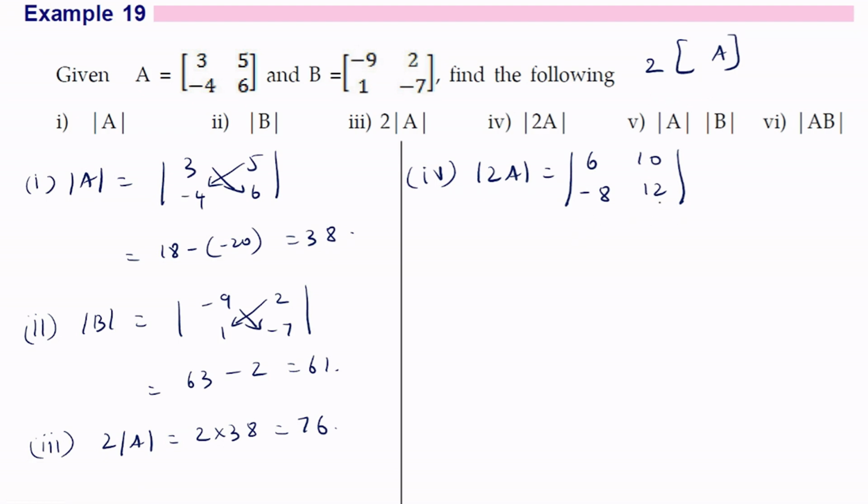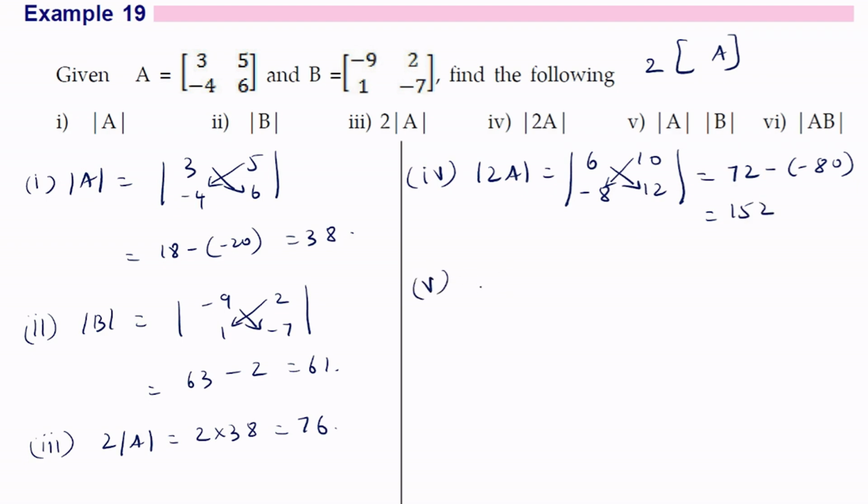The corresponding value of determinant is given by 6 into 12 minus 10 into minus 8. So it is 72 minus of minus 80. So it is 72 plus 80, which is 152.